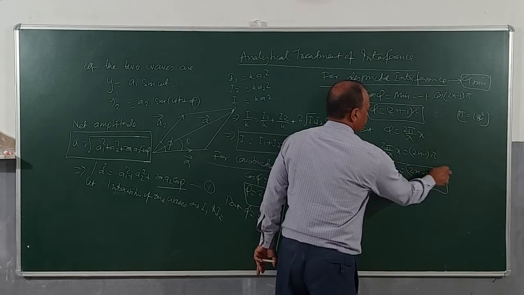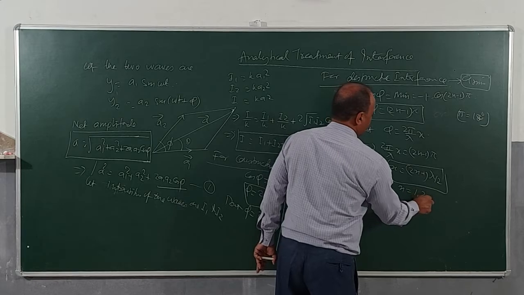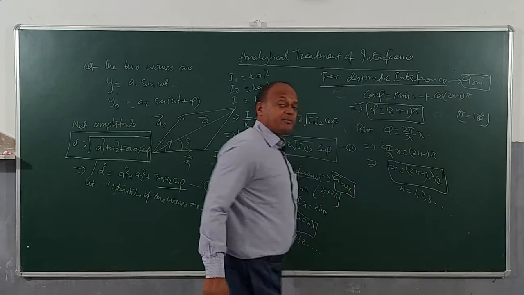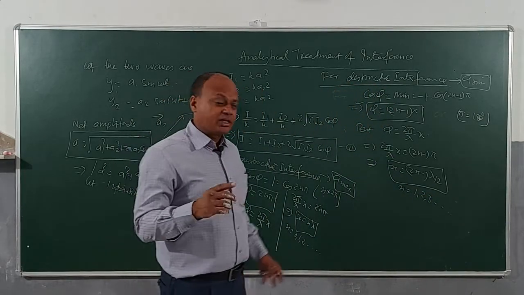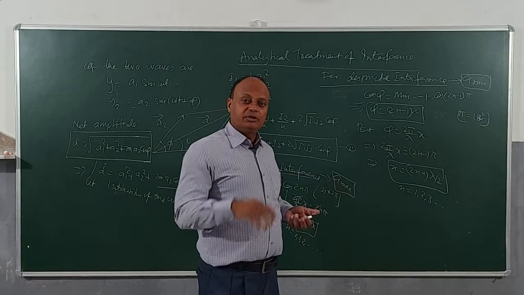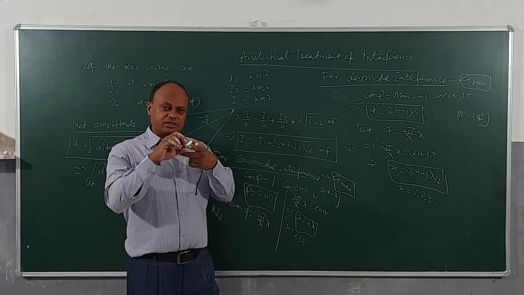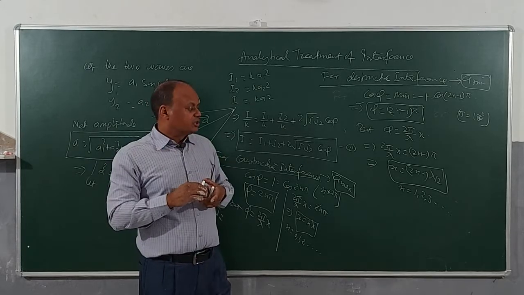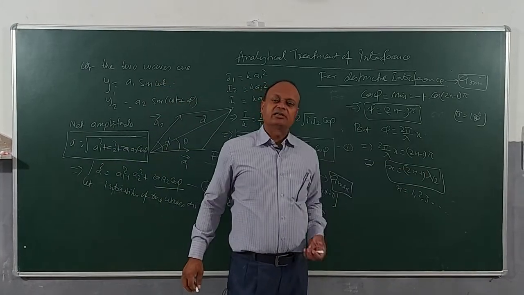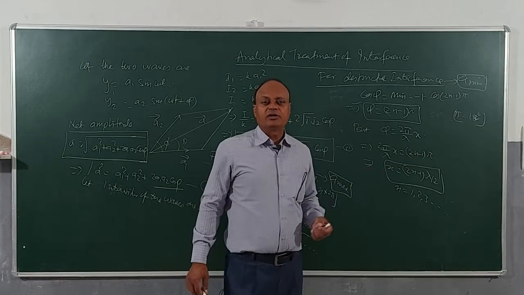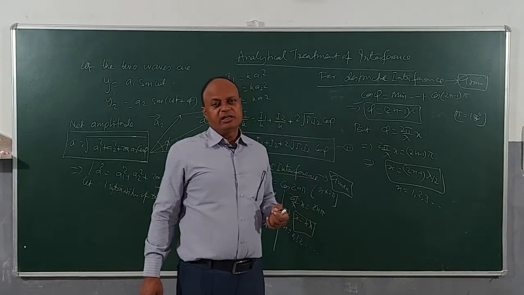So children, in this case you will start with n is equal to 1. I have deliberately not taken 2n plus 1 because we will not have a 0 order for minima. The central maximum is the 0 order, then 1, 2, 3 will come. So you better start putting n is equal to 1, 2, 3 for minima or destructive interference.